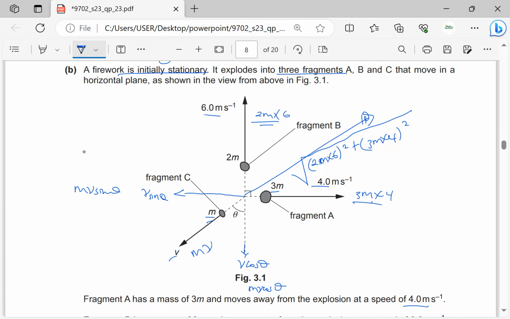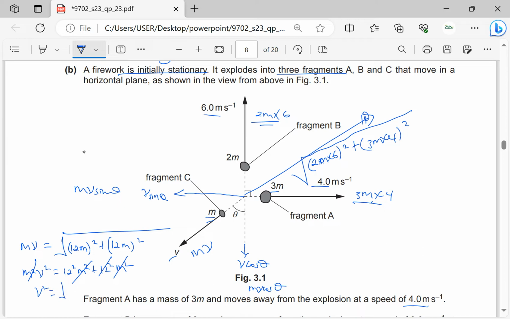So I will simply say mv is the same as the square root of 12m squared plus 12m squared. When I remove the square root, I have that m squared v squared is equal to 12 squared m squared plus 12 squared m squared. So m squared cancels out.